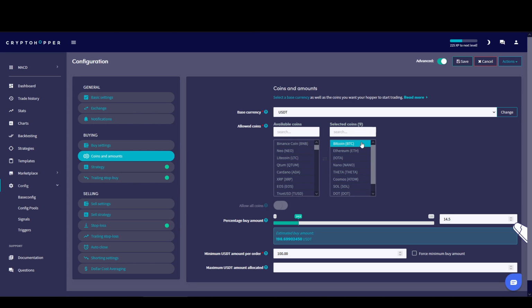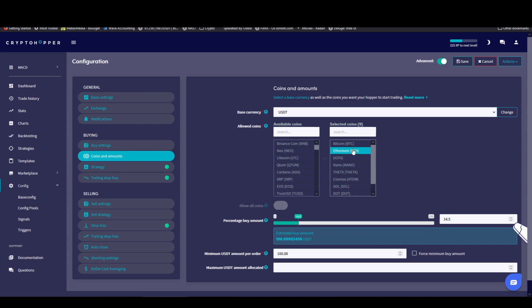The ones I have right now are Bitcoin, Ethereum, IOTA, Nano, Theta, Atom, Solana, Dot, and Uni. That's all. That's the only ones I have. I know those have been tested. They're working fine. And you can also try on your side if you want to do a couple of backtests on different kinds of coins. But I know those are working, and that's all I need. I don't need anything more than this.